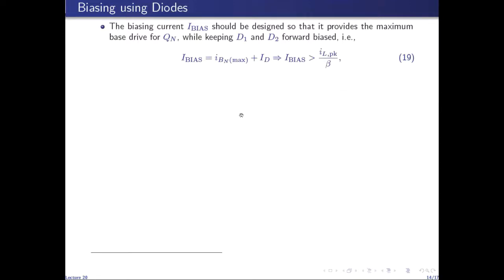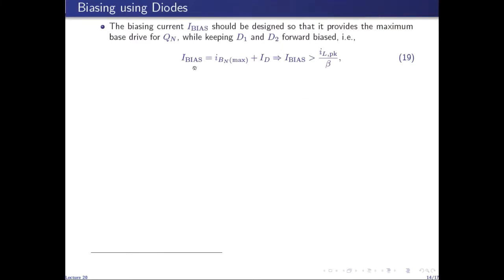So I bias should be designed such that, since the base drive will vary: when there is no signal, the base current of Qn will be small, and when we apply a signal, at the peak value of the output voltage, the base current of Qn will be maximum. So the base drive of Qn will vary. I bias should be enough to provide the maximum base drive while keeping the diodes V1 and V2 forward biased.